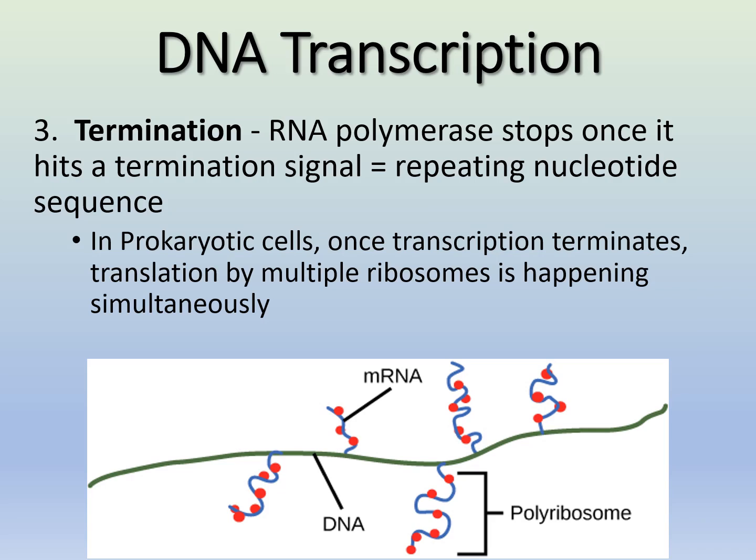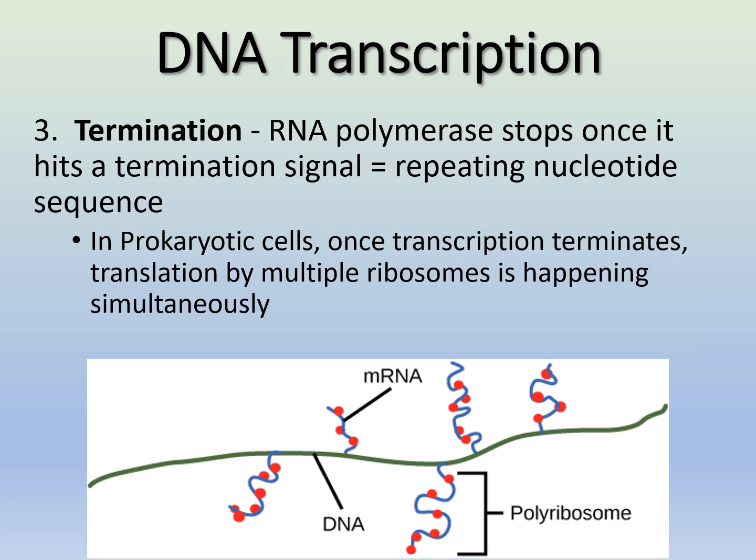from the DNA. Now in prokaryotic cells, and that's the picture I have below, once transcription terminates or ends, translation is going to be happening at the same time. So we have lots of ribosomes that are going to be then translating that mRNA right away.